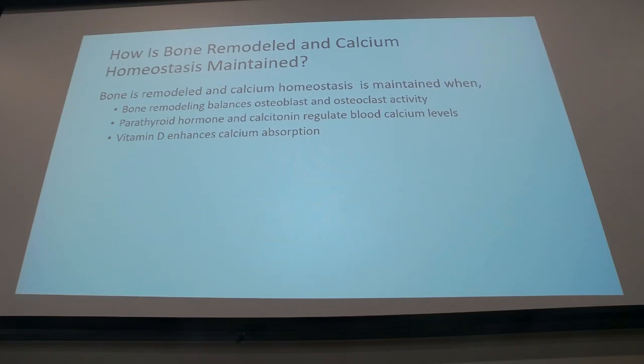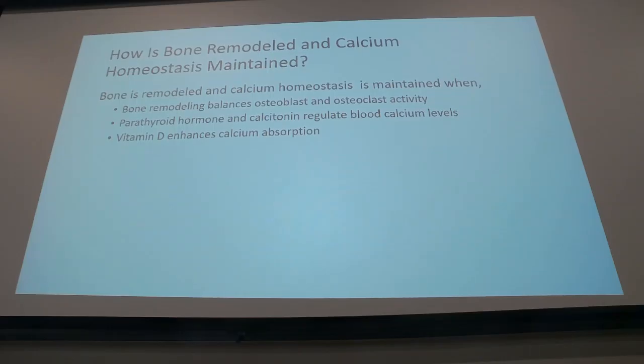But let's say that someone doesn't ingest as much calcium during a particular day. Well, in this case, you don't want your osteoclasts being activated so much in your bone marrow as in your periosteum, but you still have your osteoclasts reabsorbing bone because you didn't ingest enough calcium.